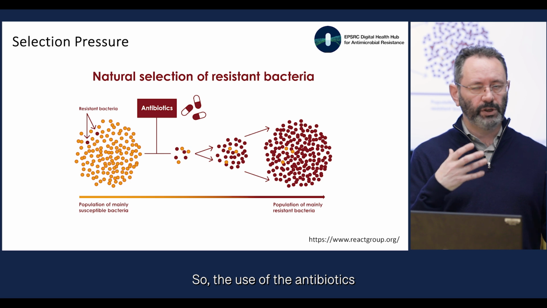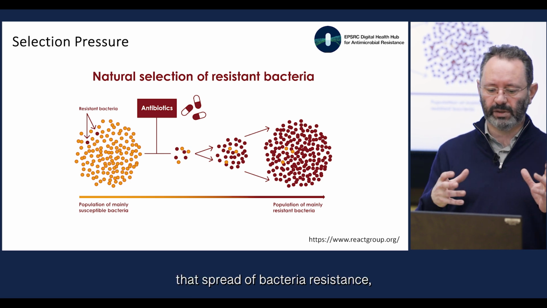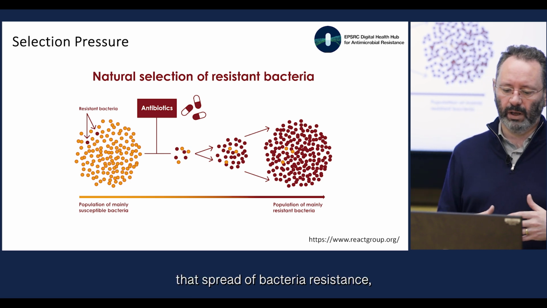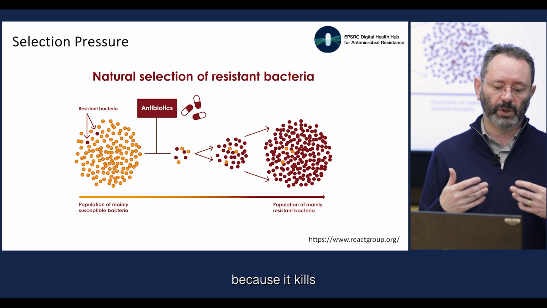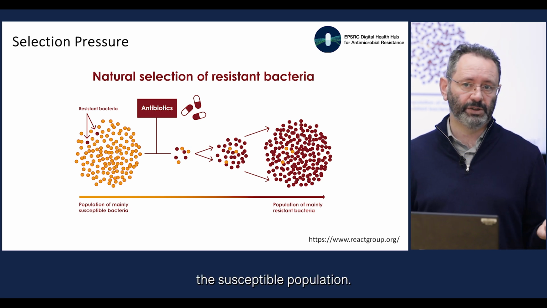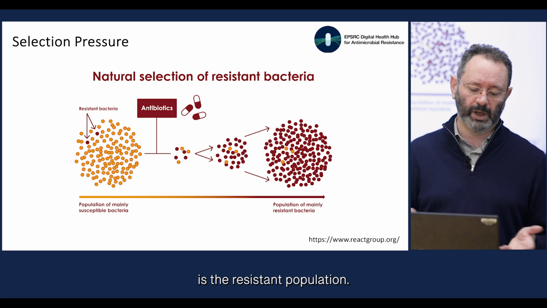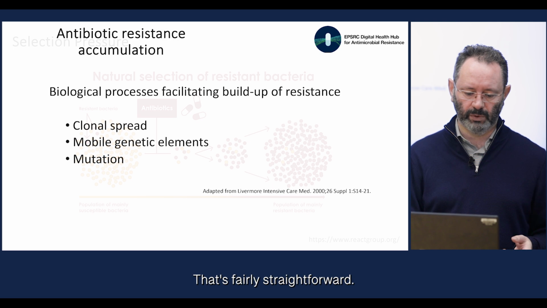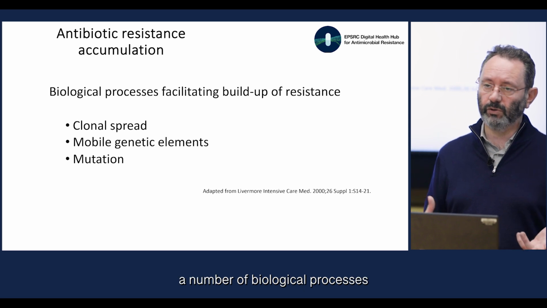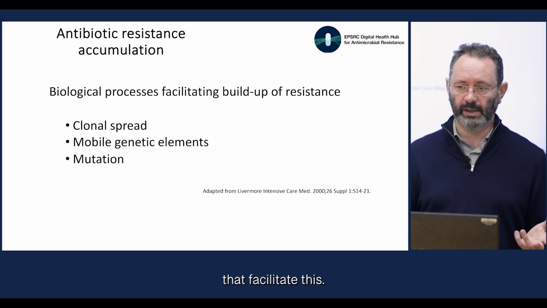So the use of the antibiotics generates that spread of bacterial resistance, and it does that because it kills the susceptible population, and what you're left with is the resistant population. So this diagram summarizes that. That's fairly straightforward. So there's a number of biological processes that facilitate this.